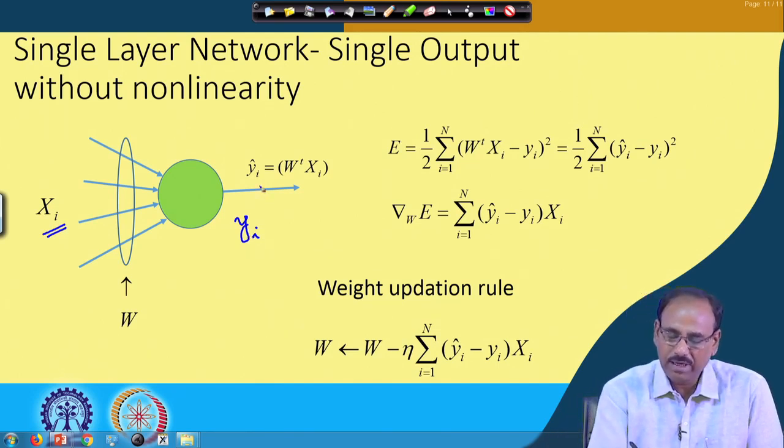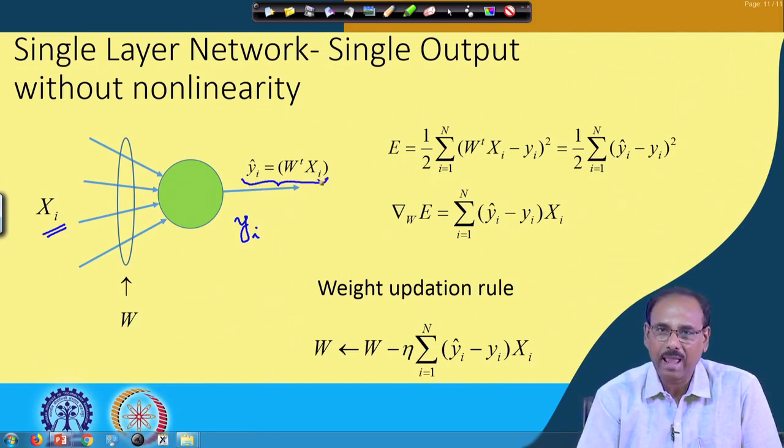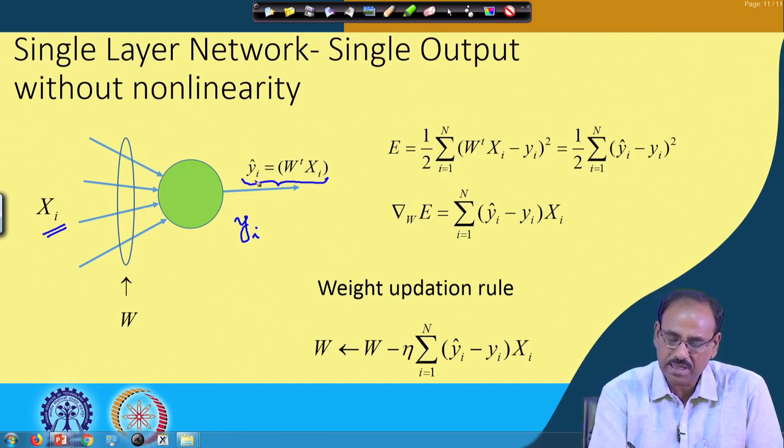But what we get is a value yi hat, which is an approximation of yi. This yi hat is nothing but w transpose xi, where w is my weight vector and xi is the input vector.